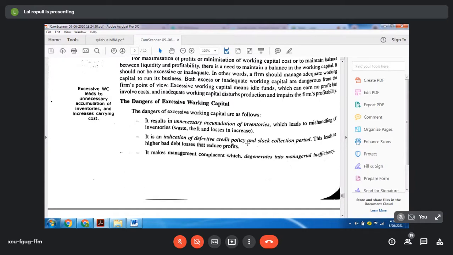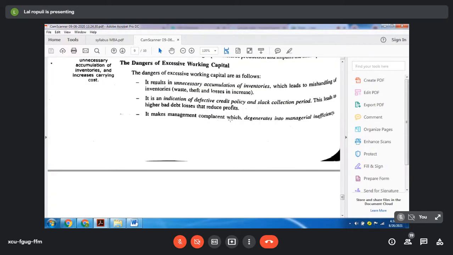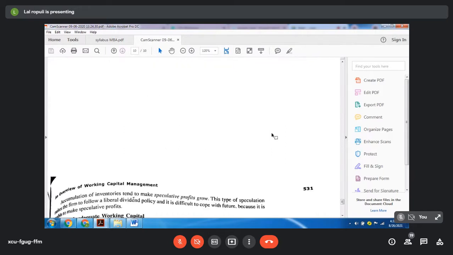It is an indication of very bad management, and the slack collection period is also there. This leads to higher bad debt losses that reduce profits, and it makes management complacent, which degenerates into managerial inefficiency. It shows their inefficiency if you have excessive working capital.